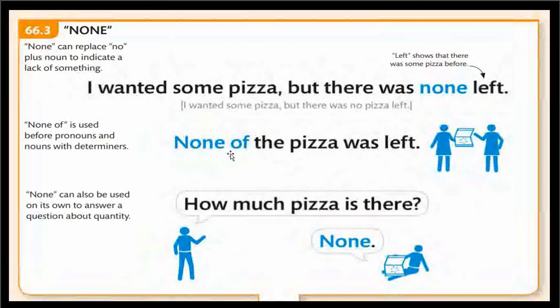So none of the pizza was left. So the is the determiner over here. None can also be used on its own to answer a question about quantity. If someone poses a question, how much is there? Your answer can be none. How much pizza is there? The answer is none. On its own, instead of no pizza is there or no pizza is left, you can just say none.